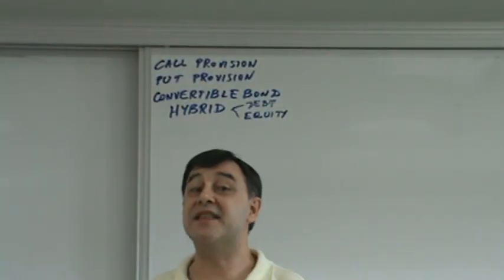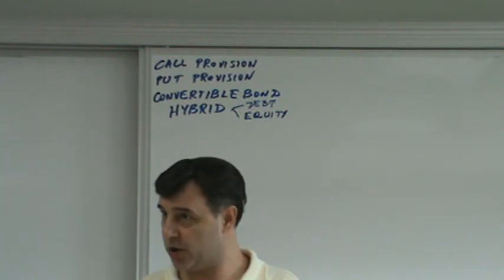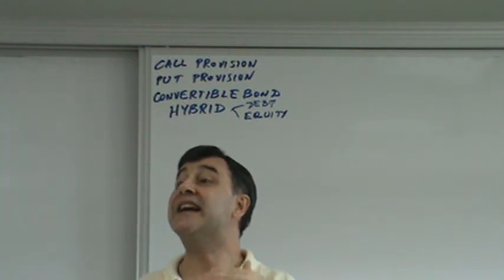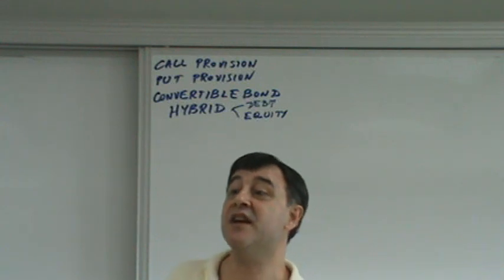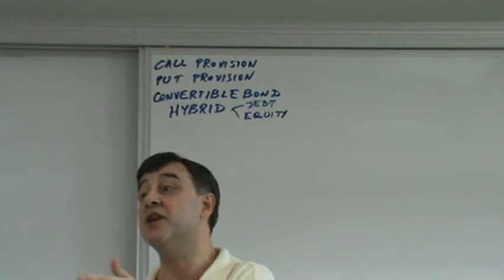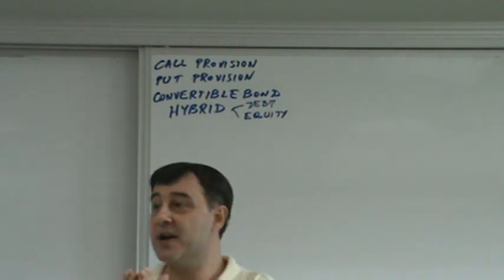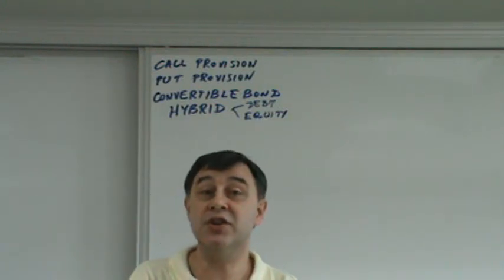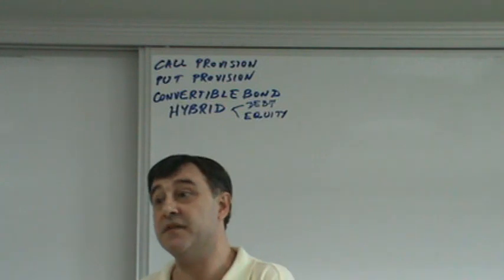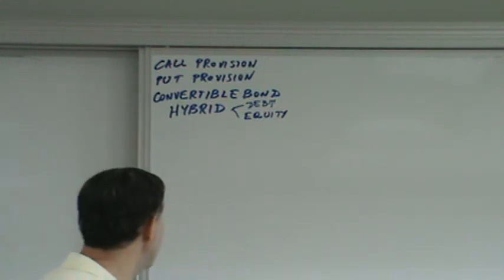Convertible means that the bondholder can convert the bond into a fixed number of stocks at his choice. So you got a bond and you can change it or convert it to 50 stocks. Okay.